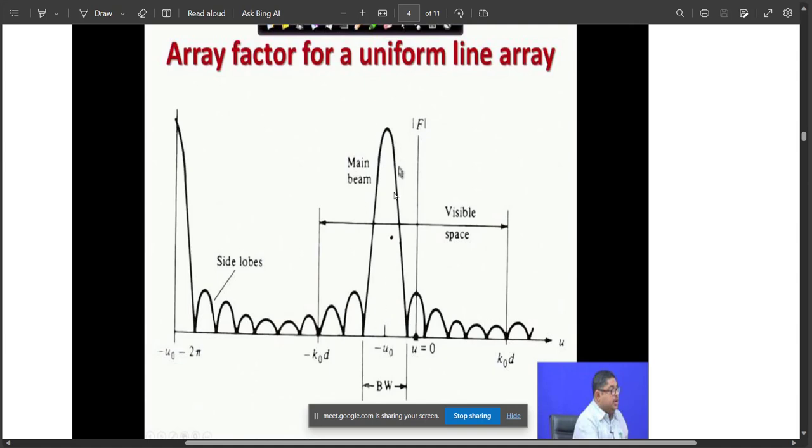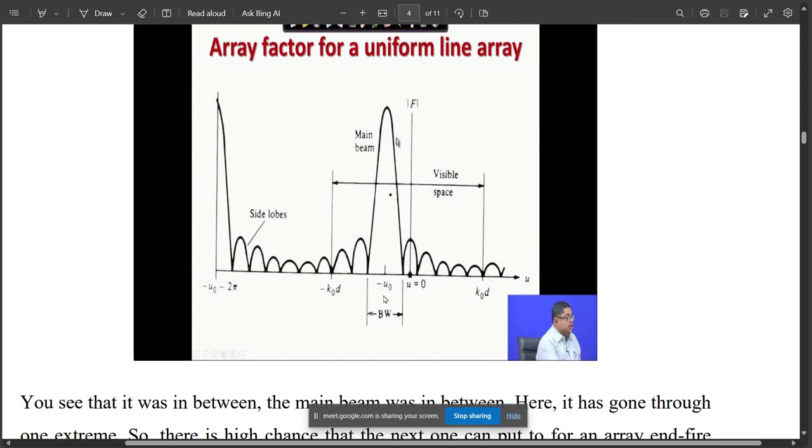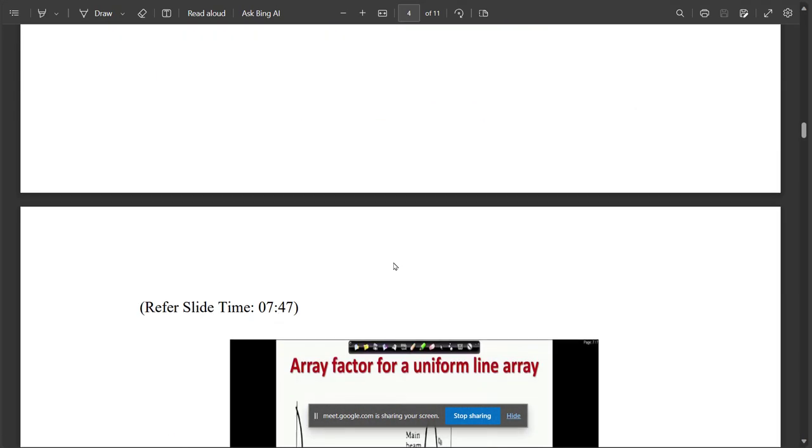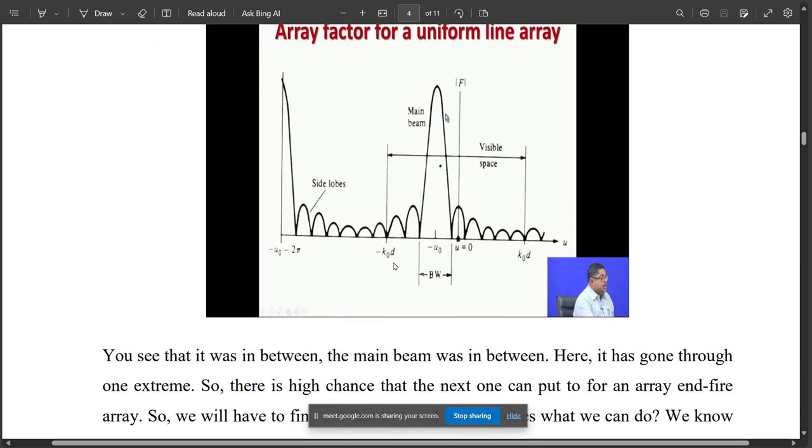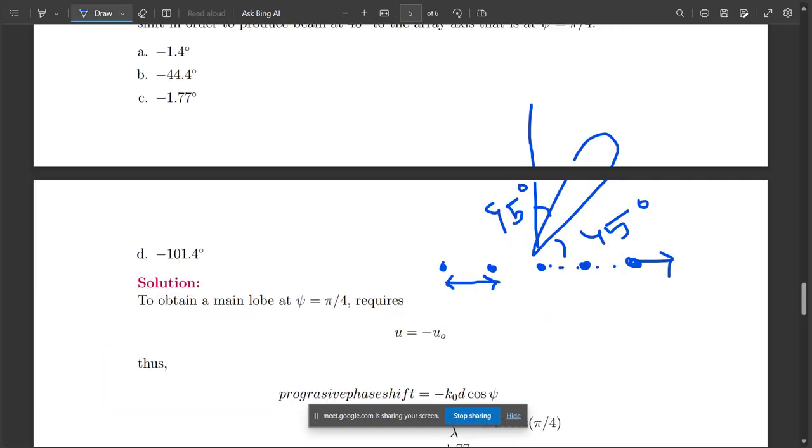Why? Because that is the maxima, and he used some equations and found that for the maximum to occur, u has to be u naught. So here, the main lobe at psi equals pi by 4 requires u equals minus u naught.